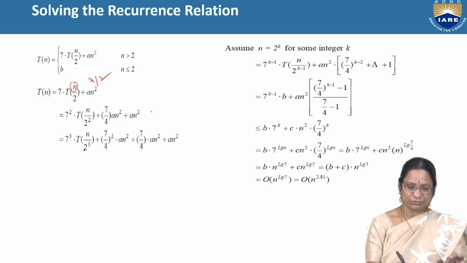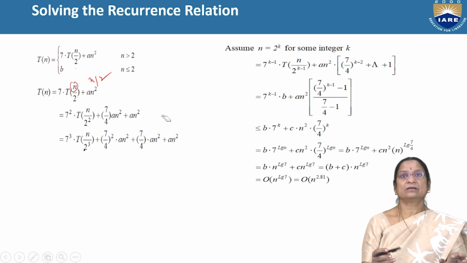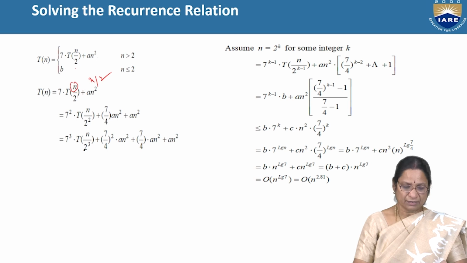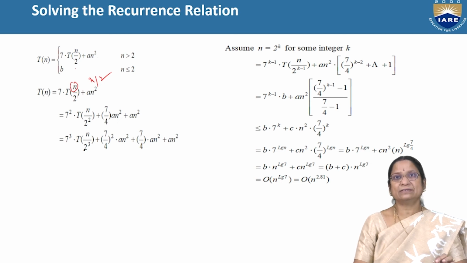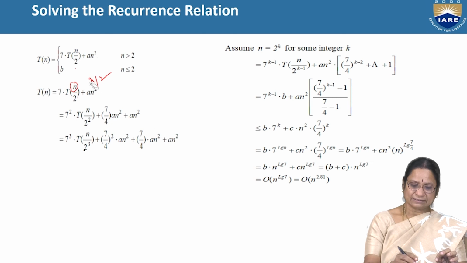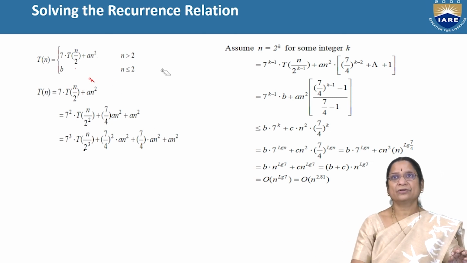Again here also we are going to substitute n by 2. It keeps on continuing, recurring, no? So if we keep substituting n by 2 again, it will become 7 cube T of n by 2 cube plus 7 by 4 whole square a n square plus 7 by 4 into a n square and a n square, etc.